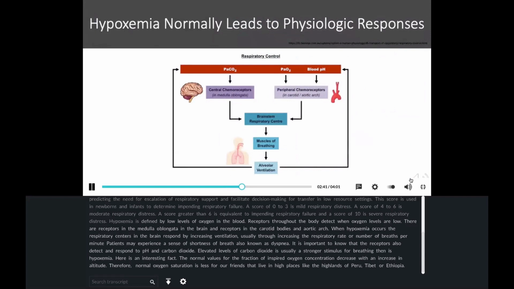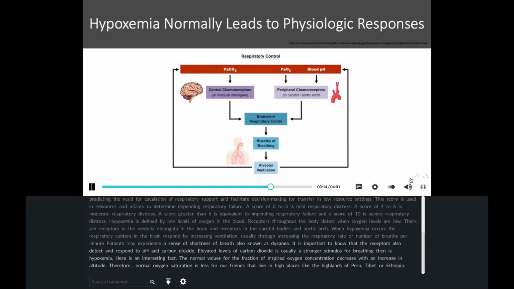Hypoxemia is defined by low levels of oxygen in the blood. Receptors throughout the body detect when oxygen levels are low. There are receptors in the medulla oblongata in the brain and receptors in the carotid bodies and aortic arch. When hypoxemia occurs, the respiratory centers in the brain respond by increasing ventilation, usually through increasing the respiratory rate or number of breaths per minute.